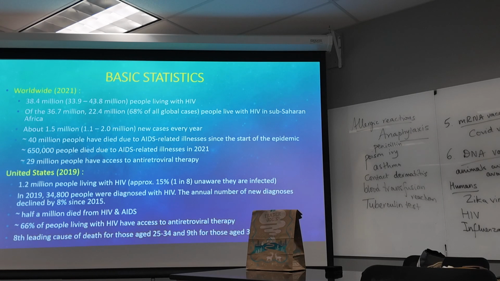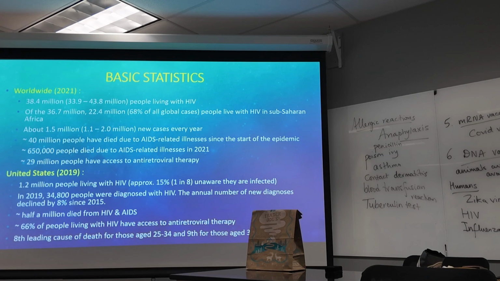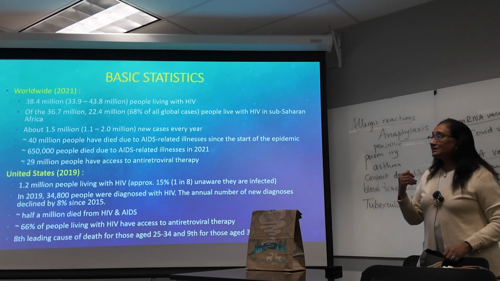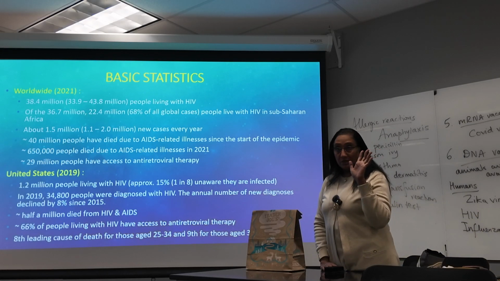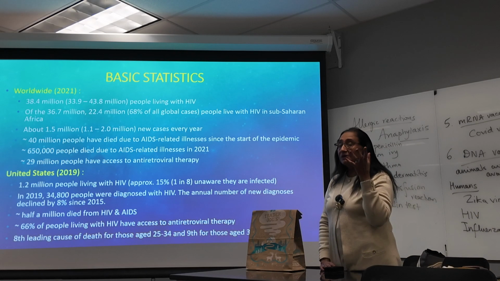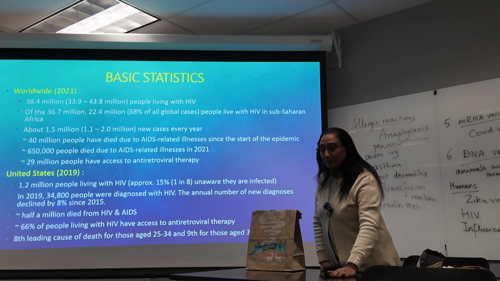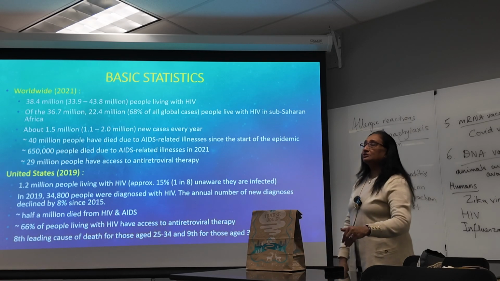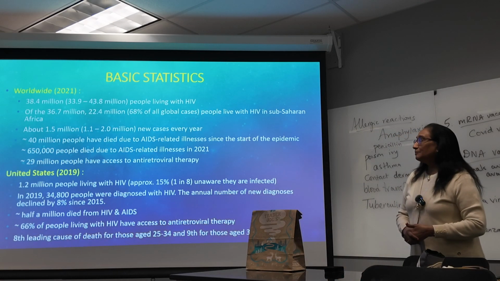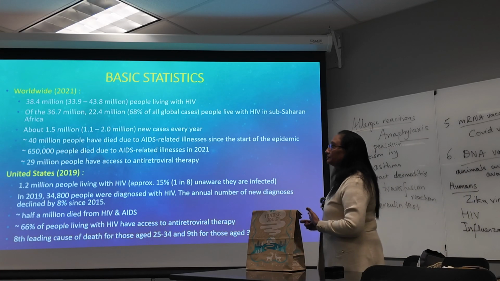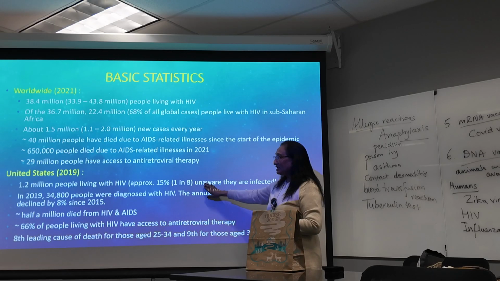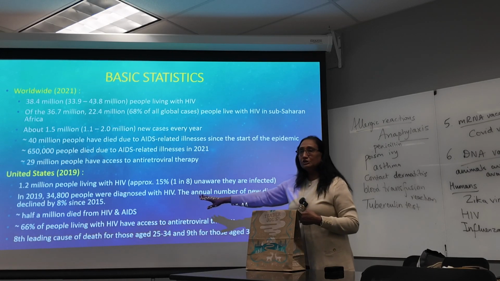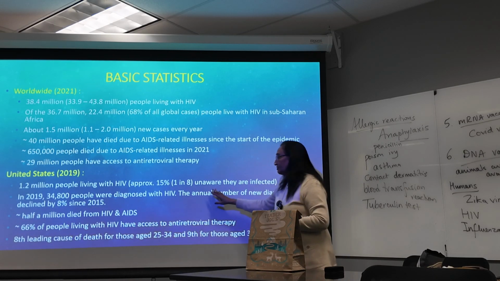Okay? And worldwide, the statistics are pretty high, although now it is declining. Not because of better treatment measures, but because of better diagnostic features. People are being diagnosed earlier. In the United States, we still have about 1.2 million people living with HIV.